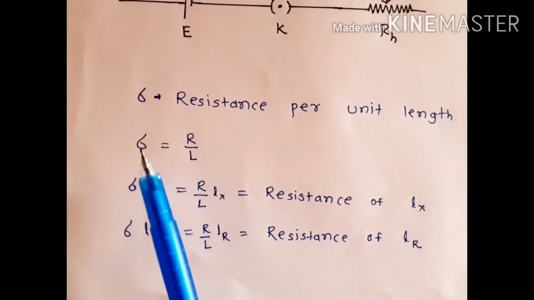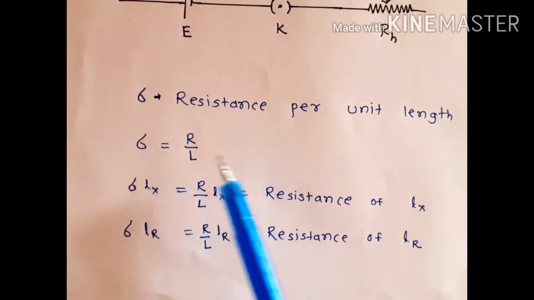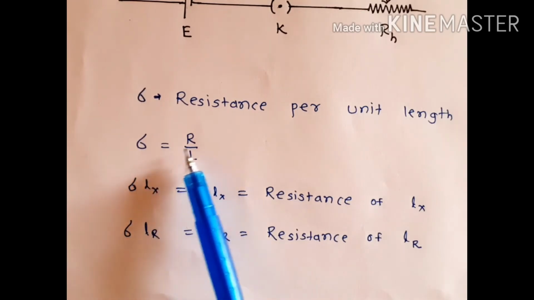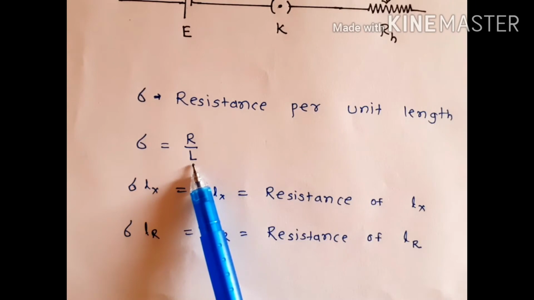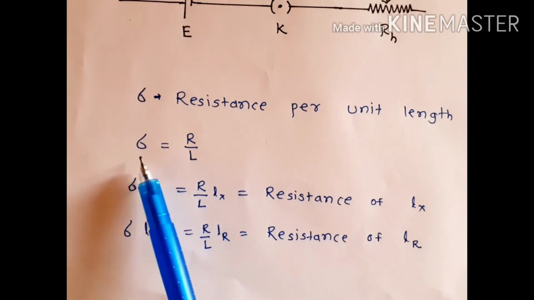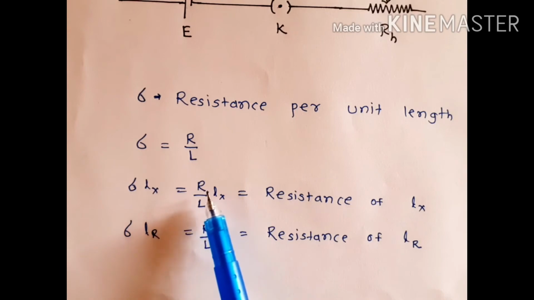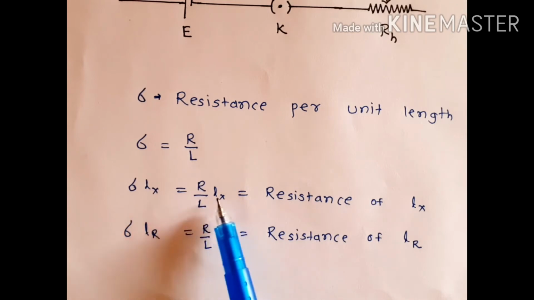In working, there is a concept of sigma, which is nothing but resistance per unit length. Sigma is equal to the total resistance of the wire divided by the total length of the wire. See here, sigma into Lx. By putting the value of sigma, sigma is equal to capital R divided by capital L, into Lx.